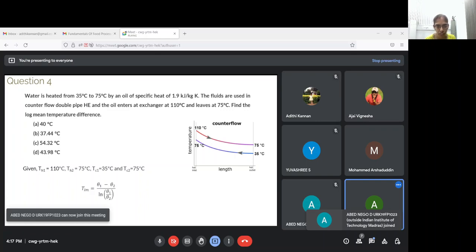So LMTD is theta 1 minus theta 2 divided by ln of theta 1 by theta 2. Theta 1 is TH1 minus TC2. In this case, it is 110 minus 75, which is 35 degrees Celsius. Theta 2 will be this region, 75 minus 35, which is 40 degrees Celsius. Now if you substitute these values into this formula, what do you get? Your log mean temperature difference.